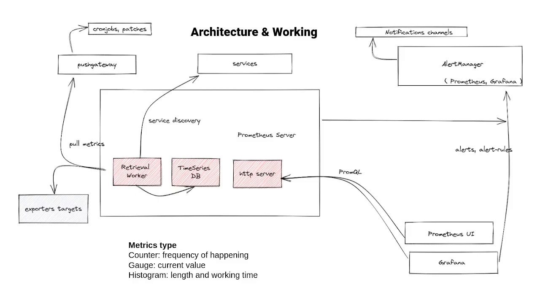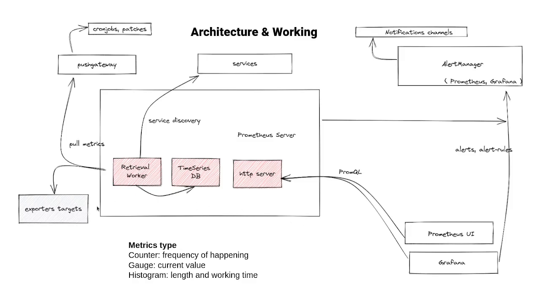Now, if we move to other parts, we also have the PromQL query, which is utilized by visualization tools like Prometheus UI or Grafana or any visualization monitoring tool that is using Prometheus as a data source.